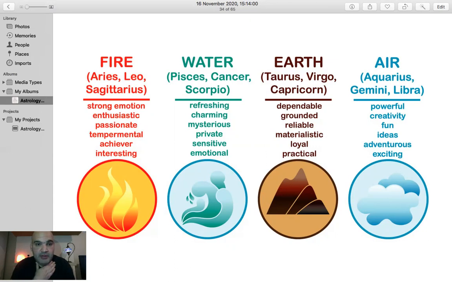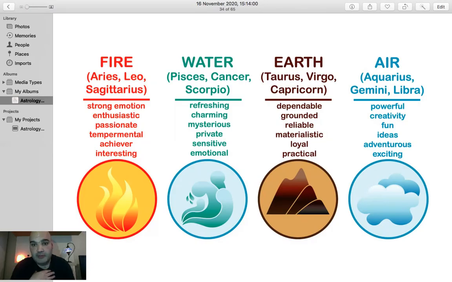And the main bullet points for the fire element is they have stronger emotions, enthusiastic, passionate, temperamental, they're achievers, and interesting. The water signs are Pisces, Cancer, and Scorpio. And they are refreshing, charming, mysterious, private, sensitive, and emotional.